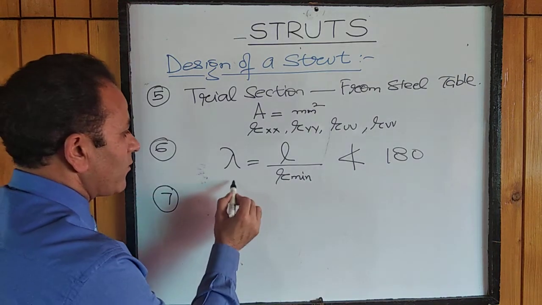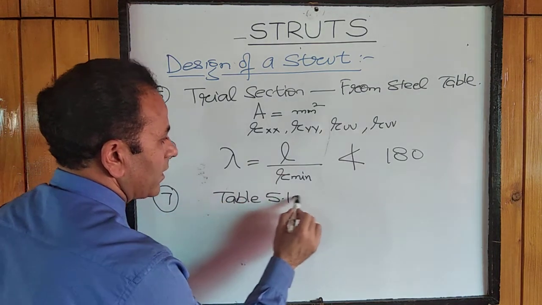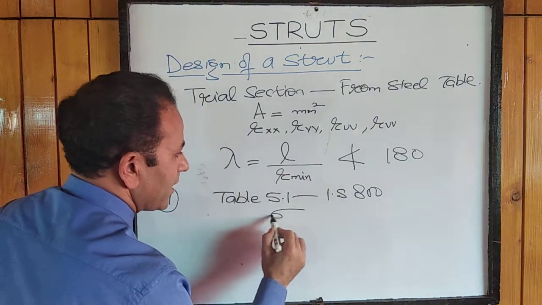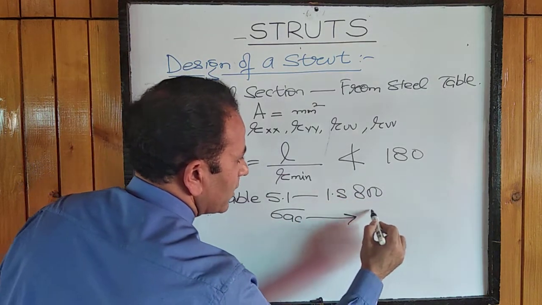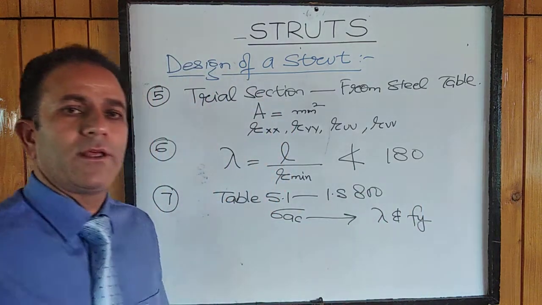Once we get the value of lambda, we go to Table 5.1 of the IS code and determine sigma AC from that, corresponding to this lambda and the yield stress of steel.